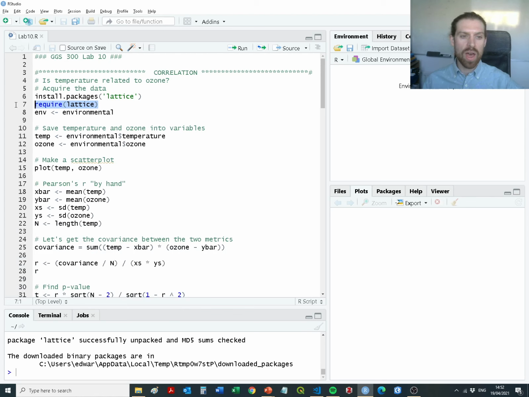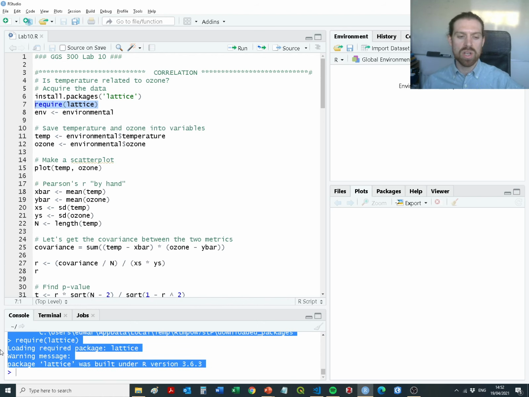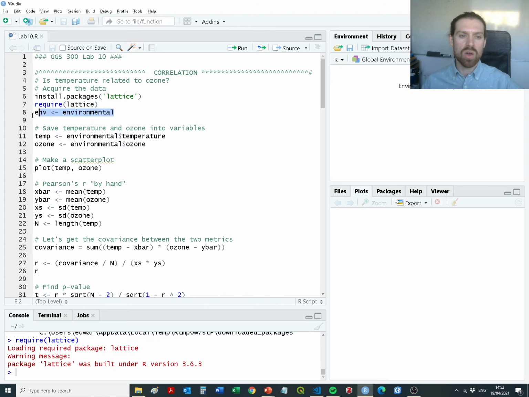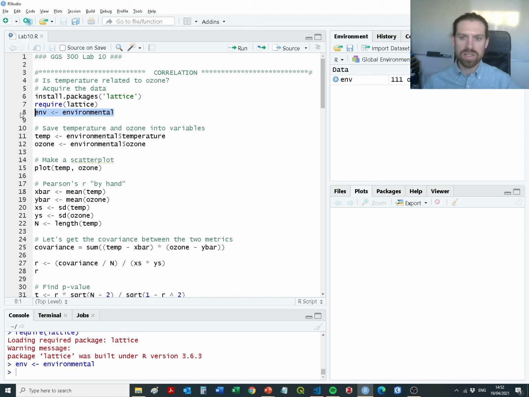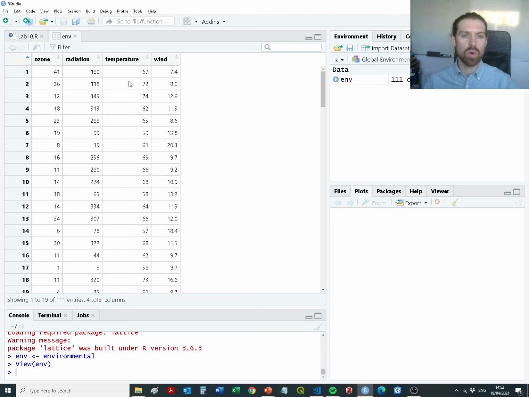And now once we've got that, we can just click require Lattice. This just means that it's been imported now into the environment we currently have open, and we're able to go to the environmental data. So this is a data set, and basically allocate it to a data frame. And when we actually open that, we can see that we've got these 4 columns: ozone, radiation, temperature, and wind.